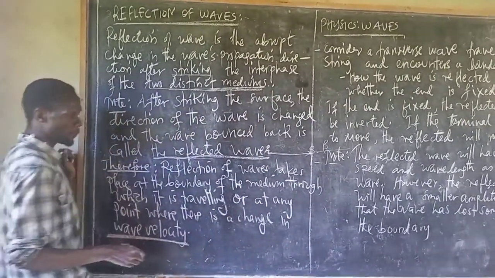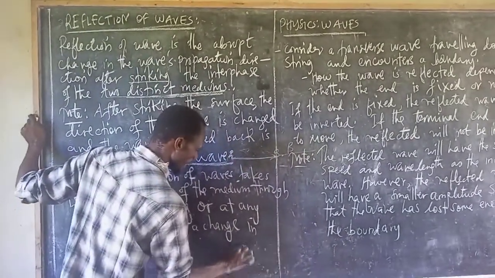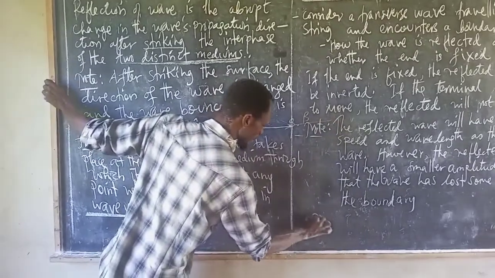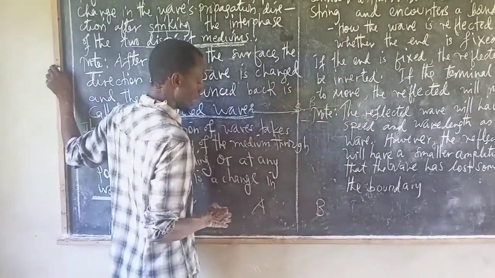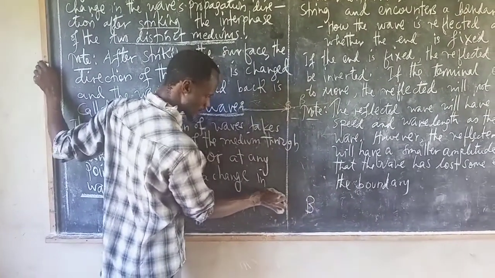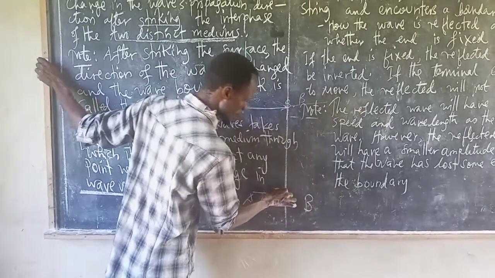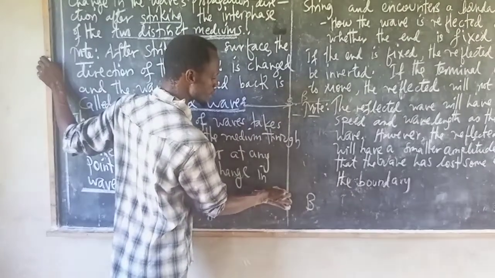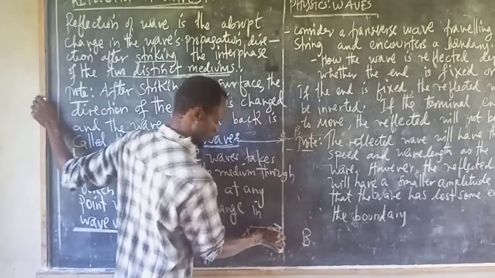At the boundary means there is a change of medium; this is medium A and this is medium B, of different conditions. If the wave is traveling and strikes the boundary, it faces the different medium. Therefore, the speed will change.